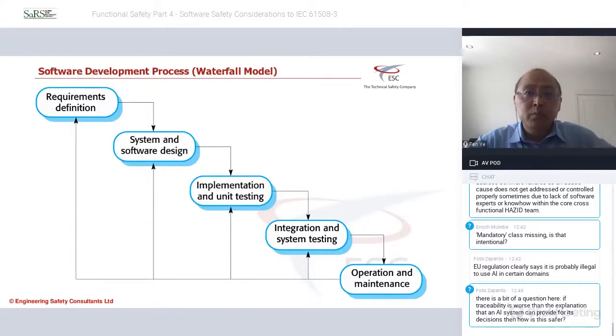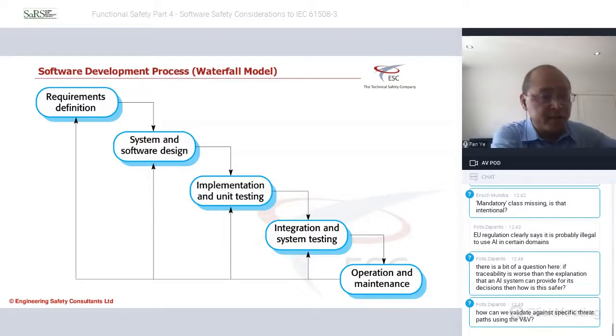When we talk about software design and development models, the first systematic model was the waterfall model. You go from one stage to the other. They are all distinguishable stages, and you have to complete all the activities in one stage before you move on to the next.